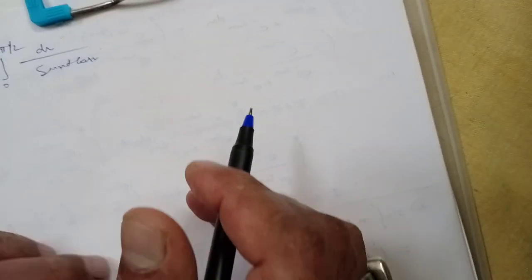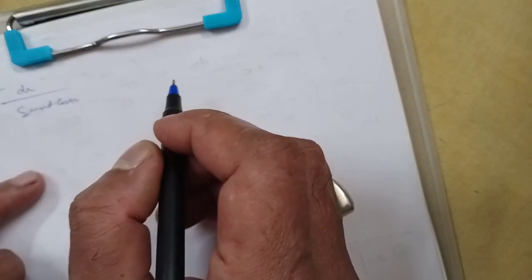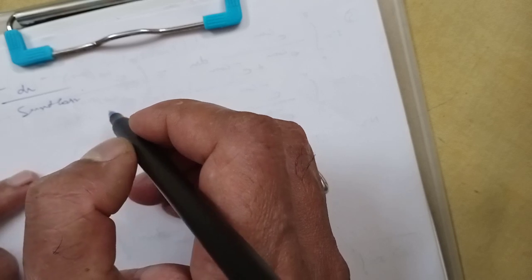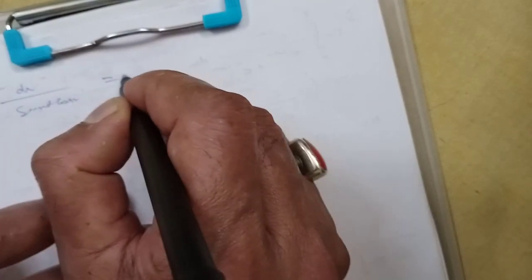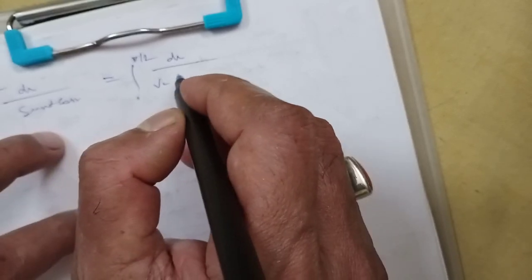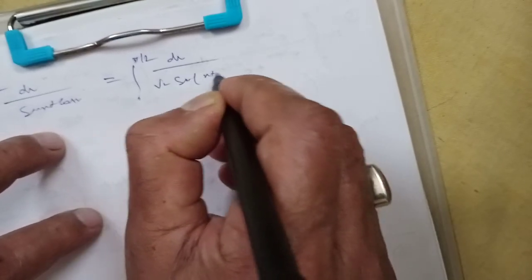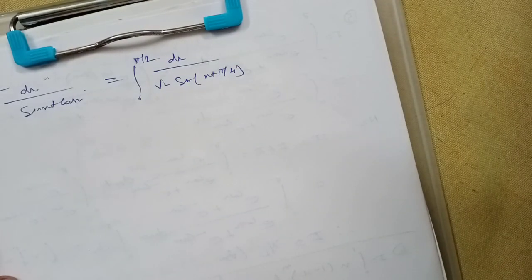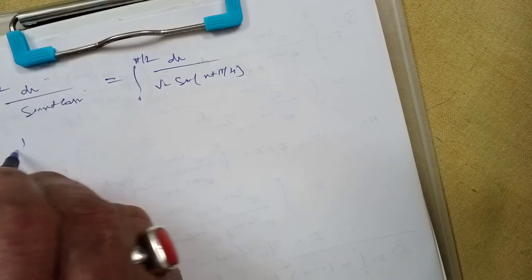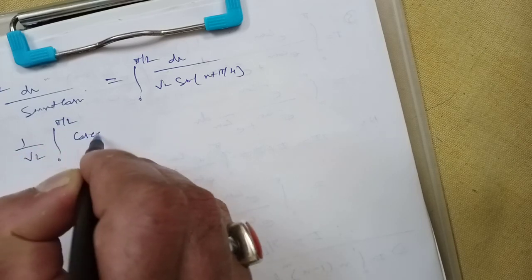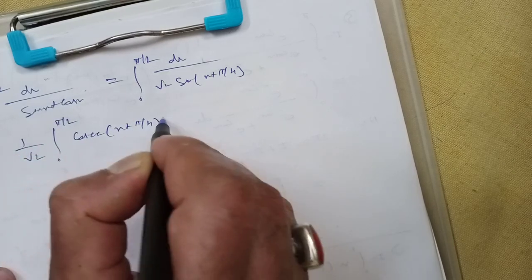Now we can write it in this way: 0 to pi by 2 dx, we can write it as root 2 sin of (x plus pi by 4). So we get 1 by root 2, 0 to pi by 2 cosec of (x plus pi by 4) dx.